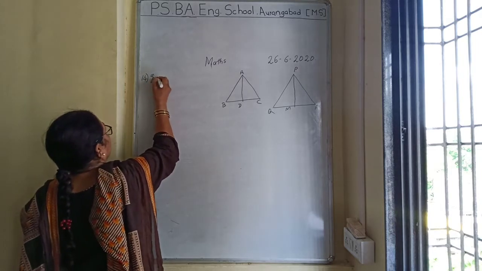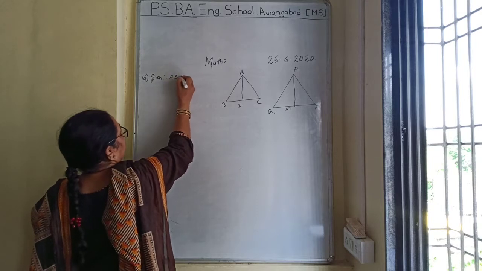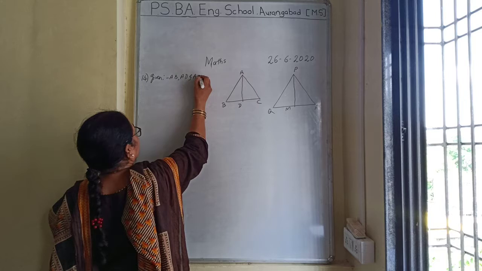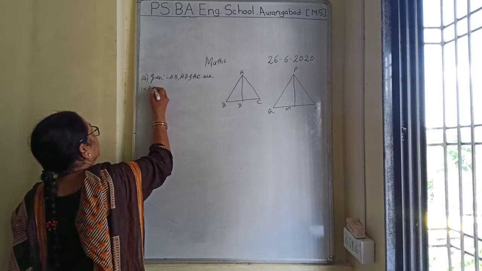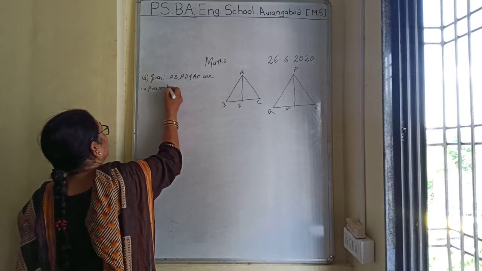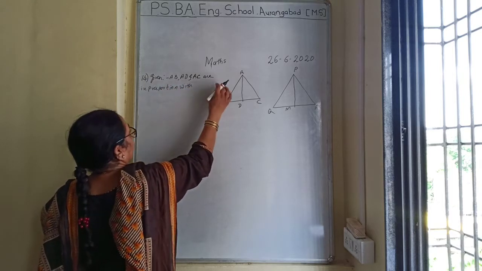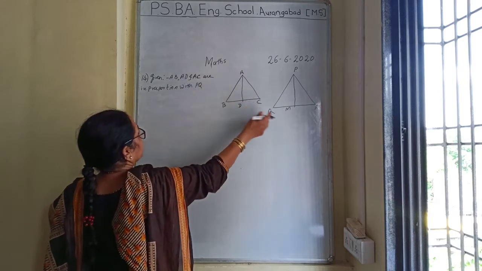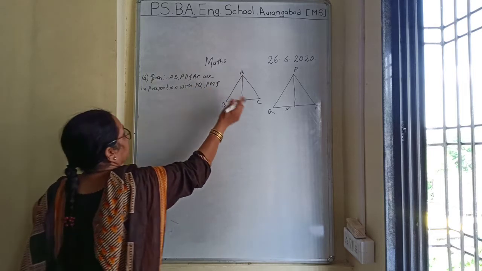Given AB, AD and AC are in proportion with, now AB is proportionate with PQ, AD is with PM and PR.